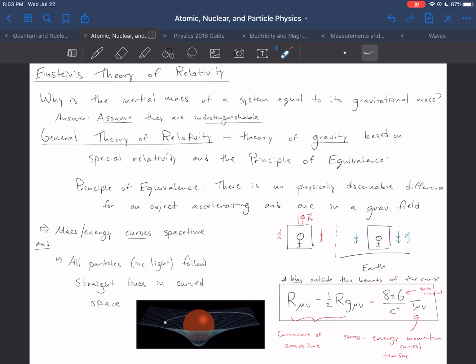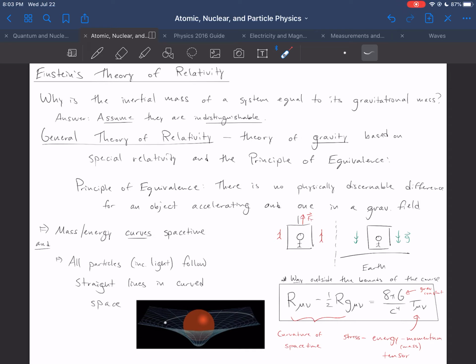And what this equation says is twofold. One is mass, energy, and momentum bend space-time. They affect the left-hand side of the equation. Not only that, but space-time and how it's structured at any particular point will end up affecting that stress-energy tensor. So that corresponds to the following two sentences.